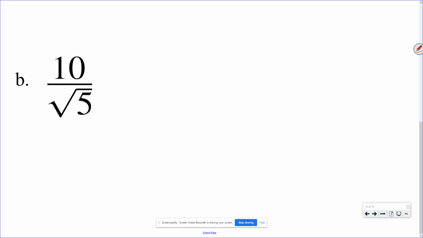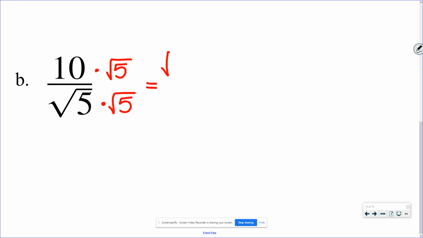So B obviously does have a radical in the denominator. So to rationalize, we are going to multiply by that denominator on the top and the bottom. So we're multiplying the top and the bottom both by radical 5. Now on the top, the 10 is not inside of a radical, but the 5 is. So you cannot put them together and call it radical 50.